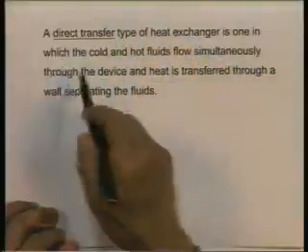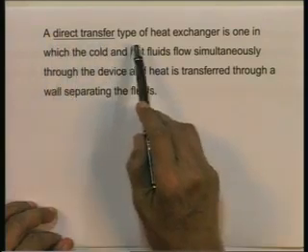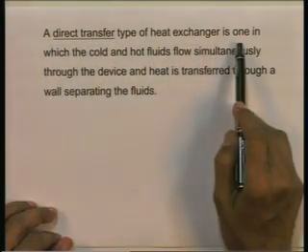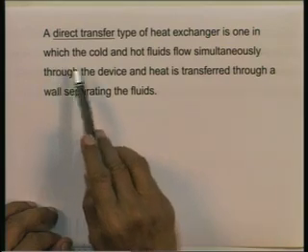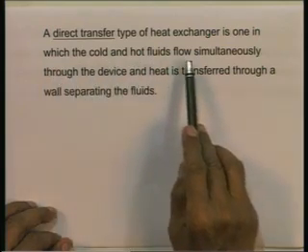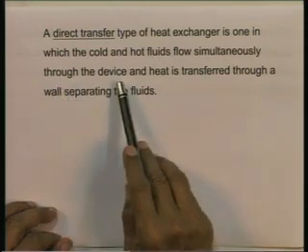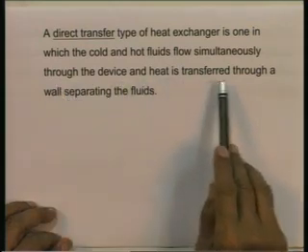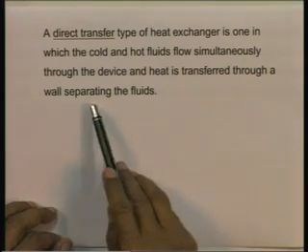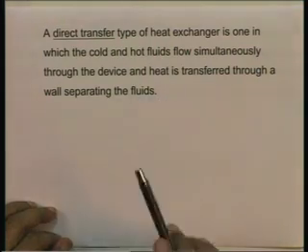First, the direct transfer type. A direct transfer type of heat exchanger is one in which the cold and hot fluids flow simultaneously through the device and heat is transferred through a wall separating the two fluids.